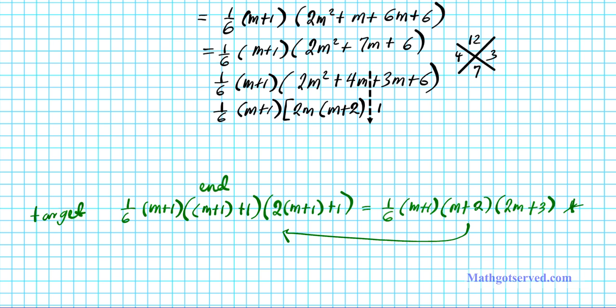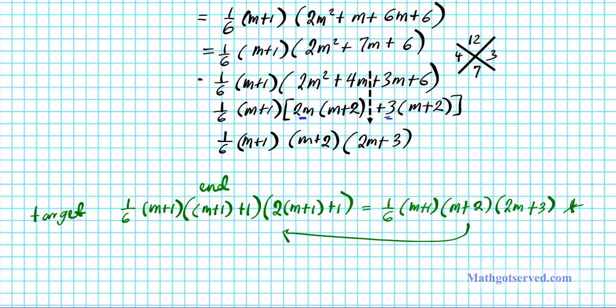And then factor out a 3 out of here. 3 times m plus 2. Like that, looking good. And then it factors out into 1/6 m plus 1 times, and then you combine these two together after factoring out m plus 2. So let's factor out m plus 2. So if we factor out m plus 2, we have m plus 2 times 2m plus 3.